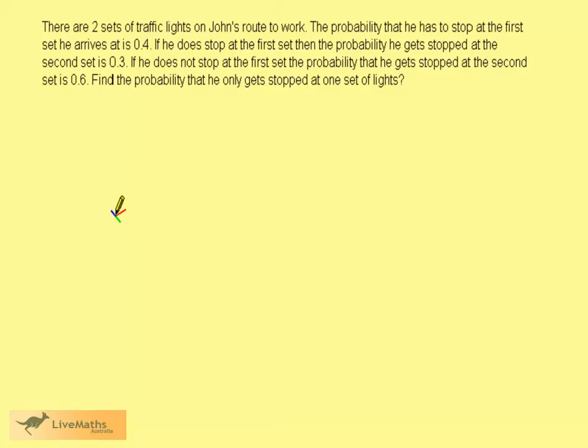Once again, this is a situation that lends itself very well to the use of a tree diagram. Here we have the first branch of that tree diagram. This branch is going to represent the situation at the first set of lights.